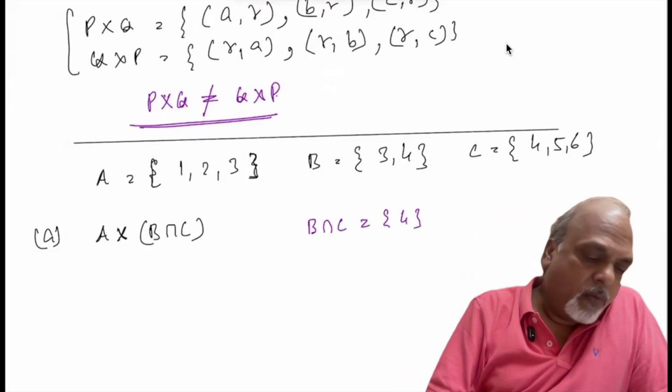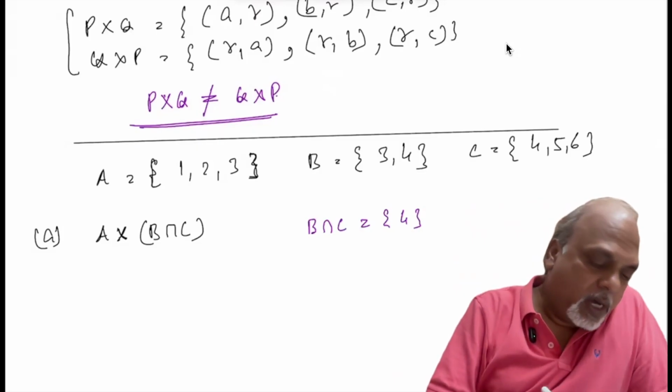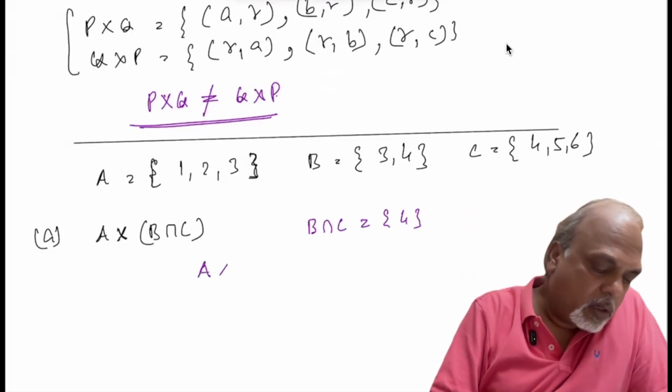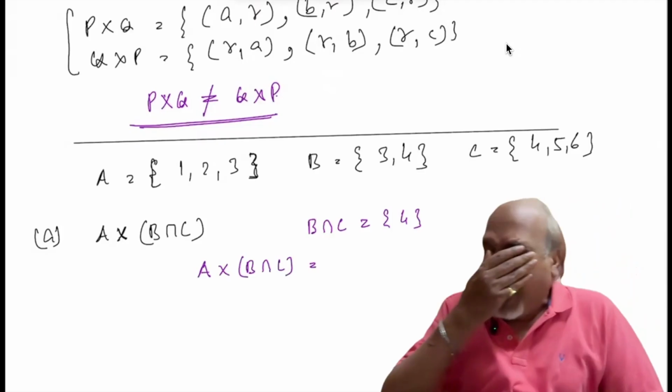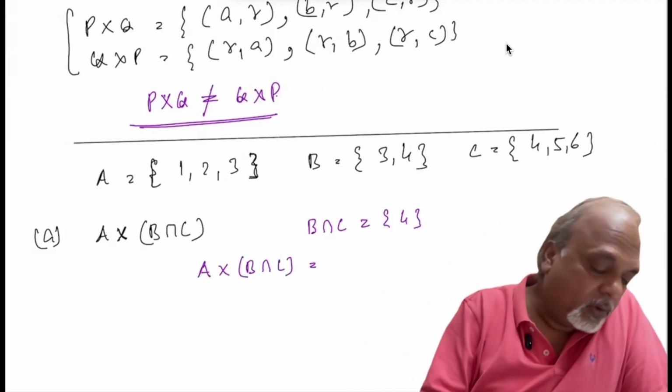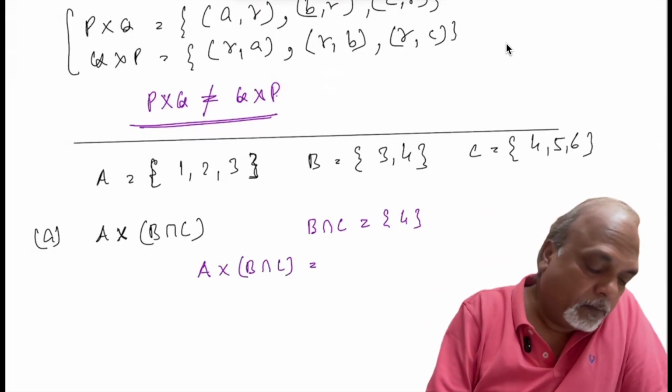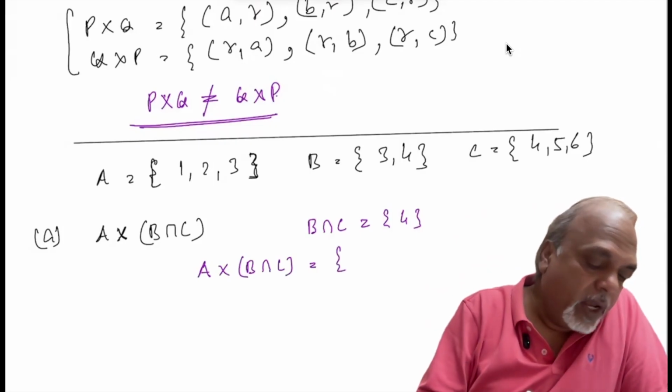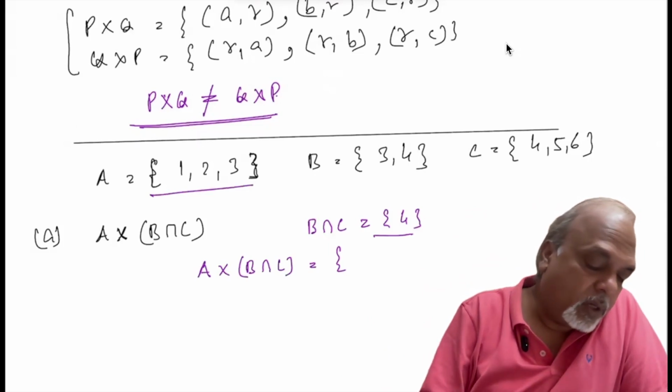And now we can find out A cross B intersection C. And what is this? This will be basically, A is given, B is this thing. Now you have to take the cross product, the Cartesian product.